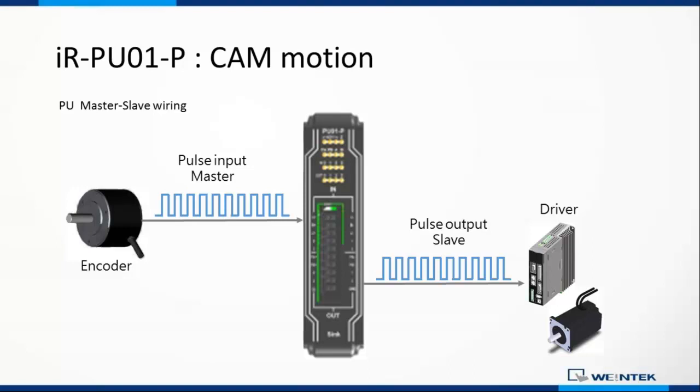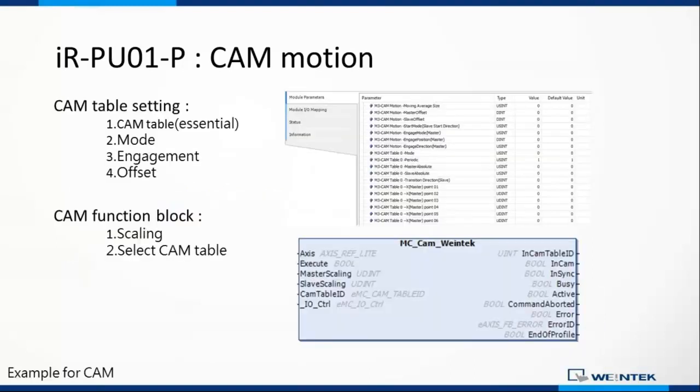Then there are some parameters we have to be aware of when we use CANmotion. Creating a CAN table is essential. It's essential in CANmotion, and for other parameters you can use the default values to test your CANmotion. Then on the CANmotion function block, you can do scaling and choose the CAN table.